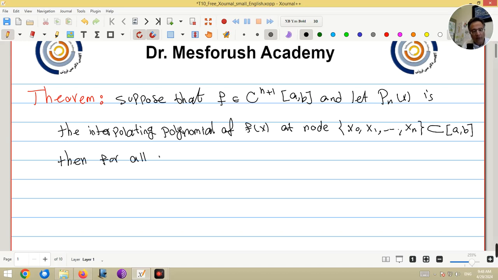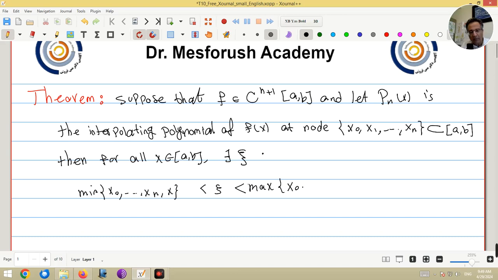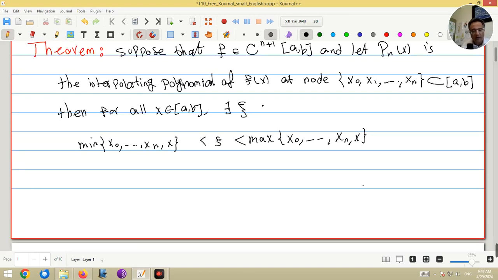for all x belonging to [a, b], there exists a point c, greater than the minimum of x0 to xn and x, and less than the maximum of x0 to xn and x. In fact, c should be a number between the nodal points and also x.